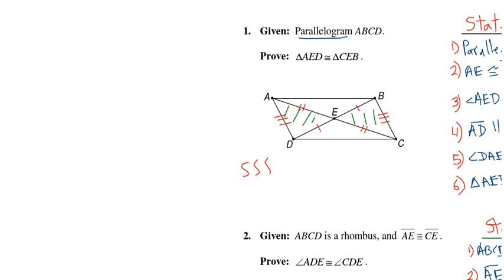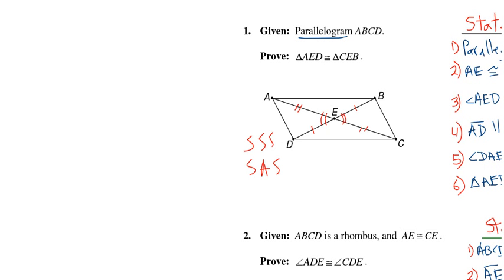We could use, for example, side, angle, side, since the diagonals of a parallelogram bisect each other. Those pieces would be congruent. And then we will have these vertical angles that are congruent. So we have side, angle, side. Side, side, side is a possibility. Side, angle, side is a possibility.